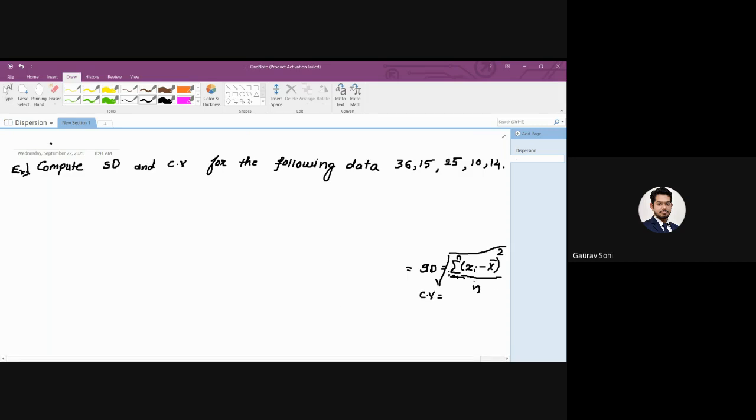And the simplified version of this formula: summation fi xi square upon summation fi minus (summation fi xi upon summation fi) whole square.